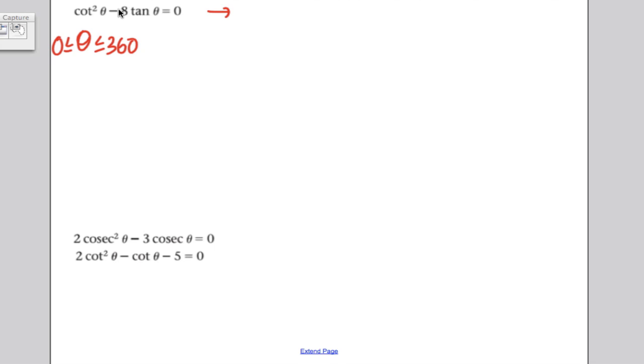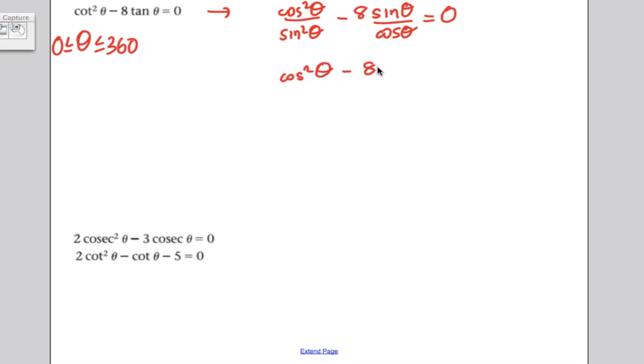First thing I do is just use definitions. So cot squared theta, that's cos squared theta over sine squared theta, minus 8 tan theta is sine theta over cos theta, and that's equal to 0. Then I might multiply everything by sine squared to remove the sine squared on the bottom here, and so I'd get cos squared theta minus 8 sine cubed theta over cos theta equals 0.